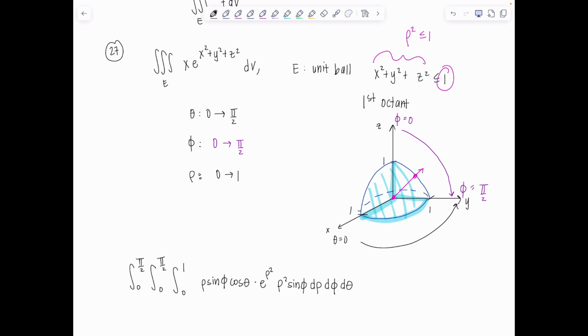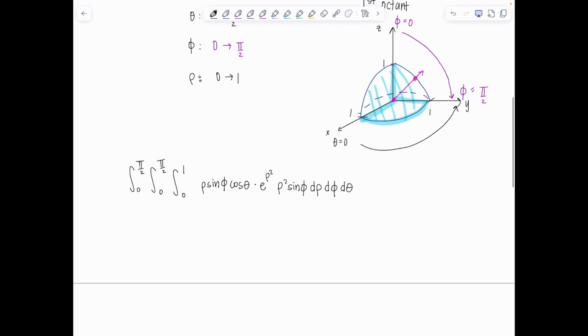Now here's one cool thing, guys. All our limits are constant, and everything's a function of rho times a function of phi times a function of theta. So we could just split this into three Calc 1 style integrals. So 0 to pi over 2, that's for theta, I just have cosine theta d theta.